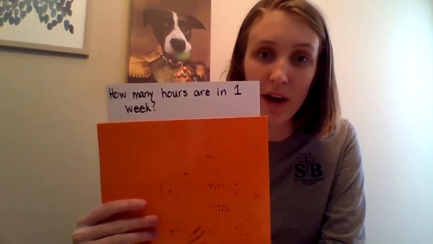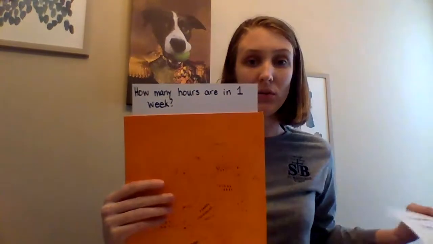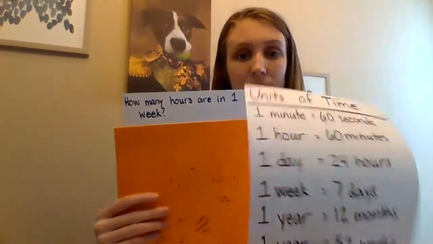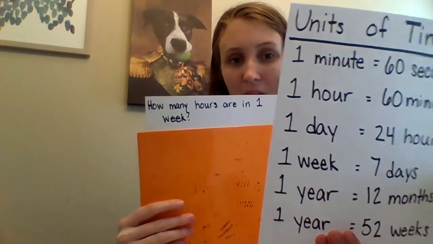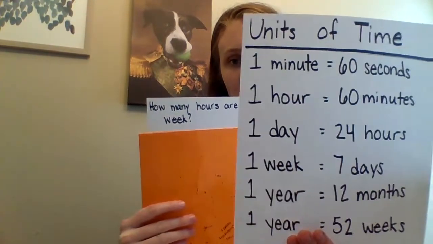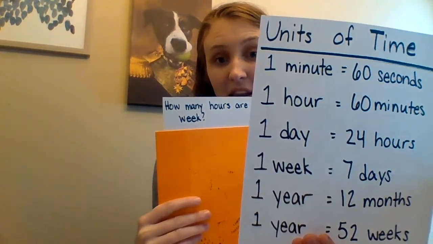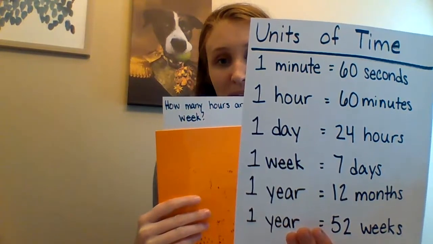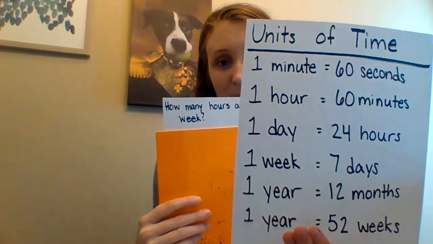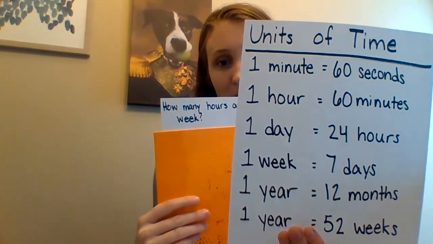Now the reason why this is a little bit more difficult is because when you look over at your chart, it doesn't say how many hours are in 1 week. It says how many days are in 1 week, and then it says in 1 day there are 24 hours, but this first step is a little bit more difficult because it doesn't say it right here.